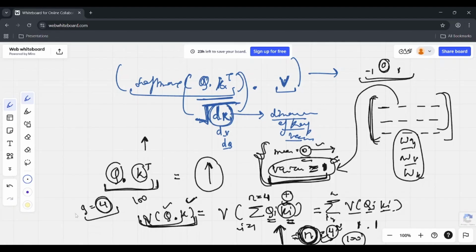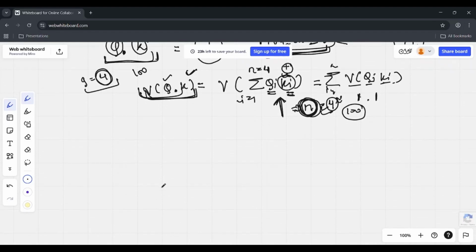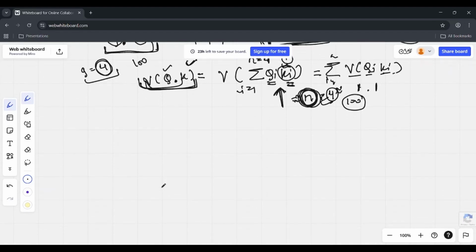Now you will ask what's the problem with increasing variance? The problem is that because of these bigger numbers, because of this variance, the values that we will get from this dot product will be from a varied range, right?